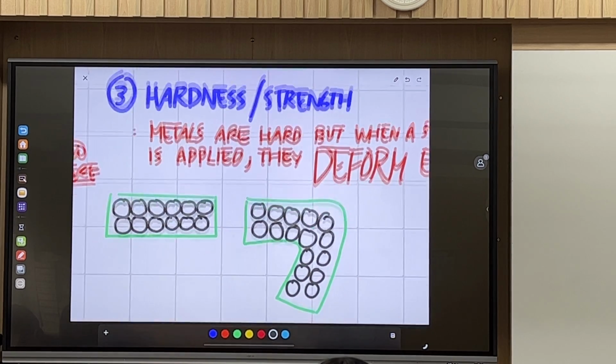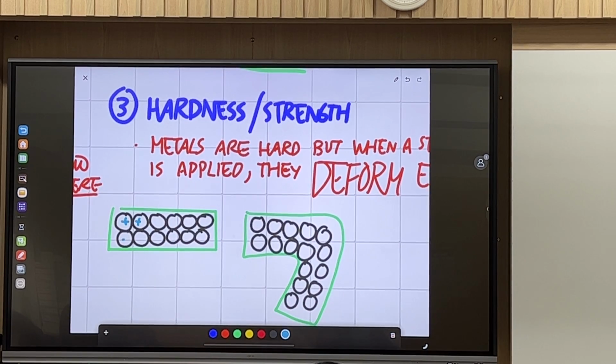That's because when you look inside, you see these are the metal cations again. Remember the non-directional nature of metallic bond? The non-directional nature of metallic bond means even when you bend the ruler around, can the metallic bond still exist, or will it be broken already? It will still exist. So this is why metals are unusual in that when you bend them around, they don't just break.